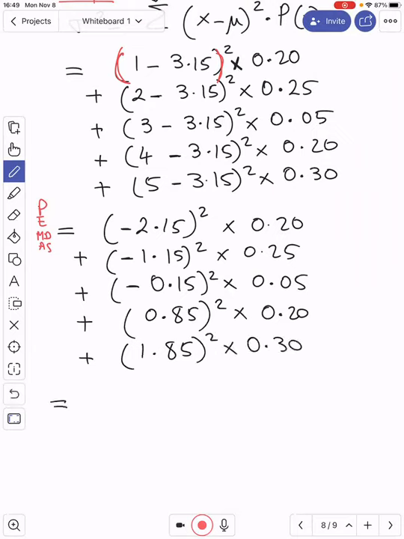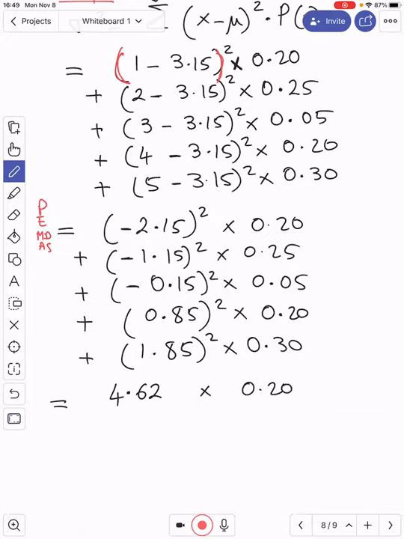Next thing, guys, is of course the square. As I said, the square of a negative number is going to be positive, right? Your standard deviation must be positive anyway. So if you have a negative number as an answer, of course, there's a mistake somewhere. So this negative 2.15 squared would be equal to, let's say, 4.62, times 0.20.